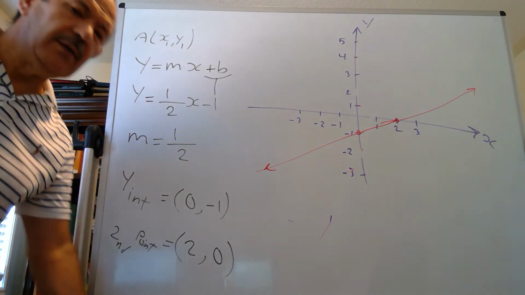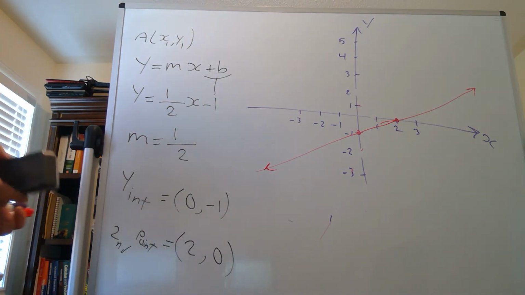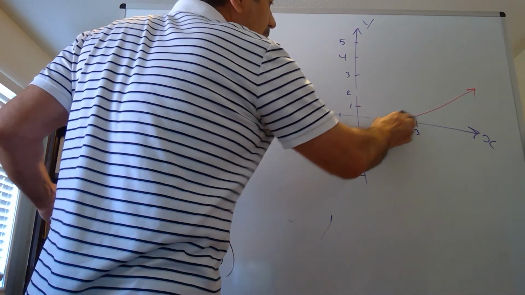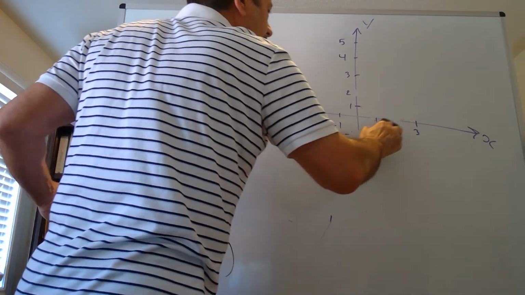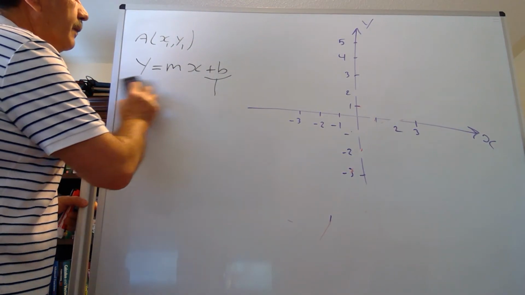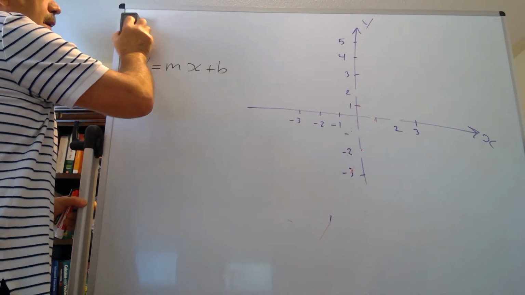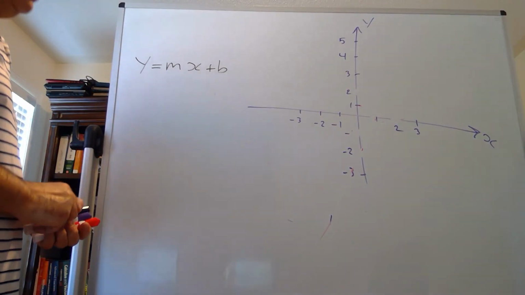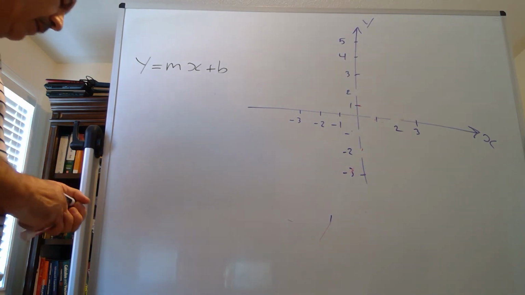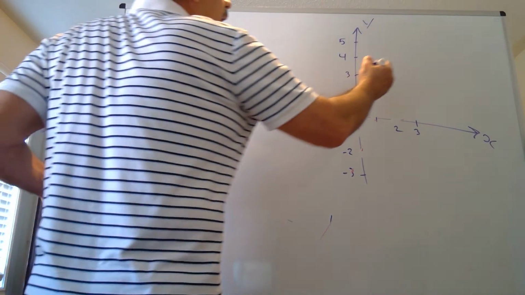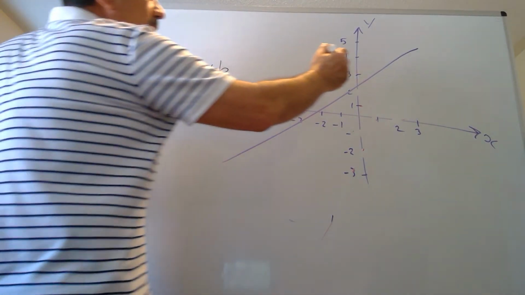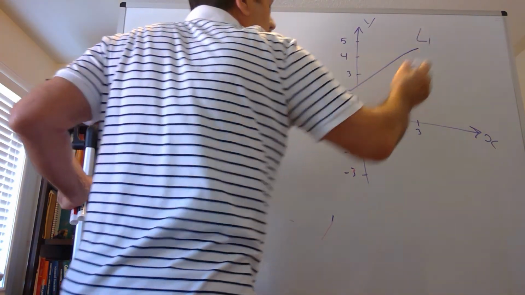Any line has 3 types of slope, or 4 types, right? One type is when we are going uphill. As an example, look at this one. I just name it line 1.